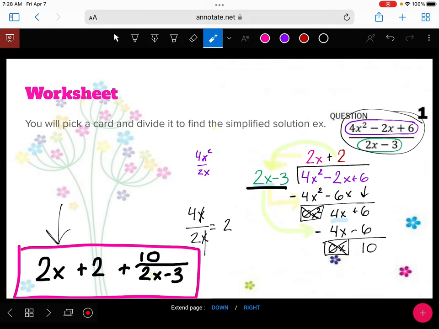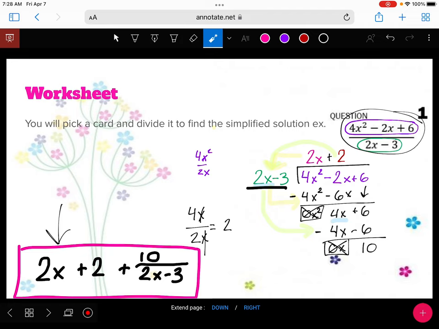So you're going to cut these cards out. Question 1 here is that problem up on the board, and it gave us an entirely different answer. Oh, that's because that's not the answer. So we did this question, and we're going to find our answer on one of these other cards. 2x plus 2 plus 10 over, maybe was it 12?